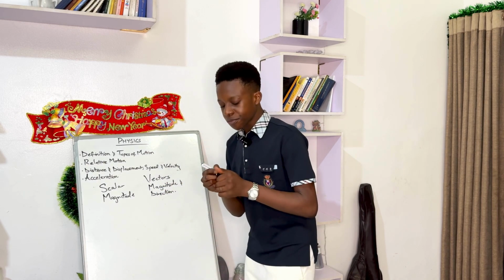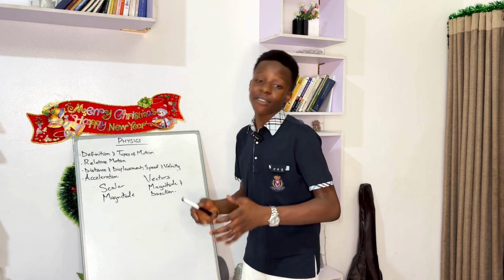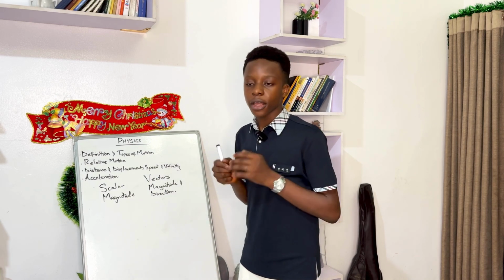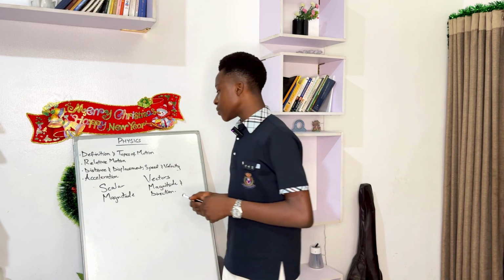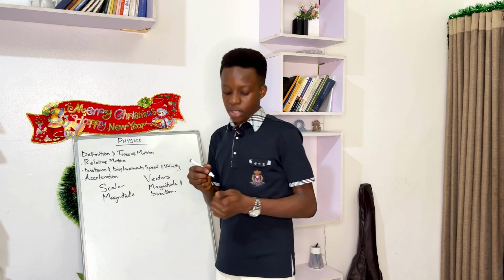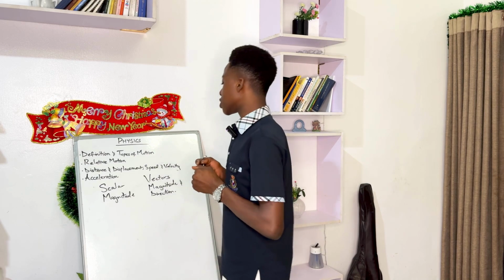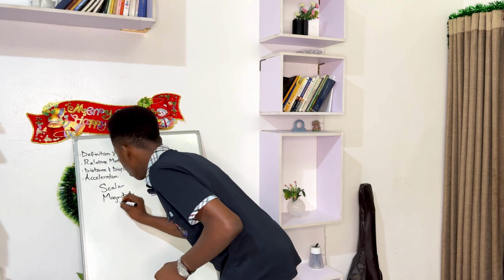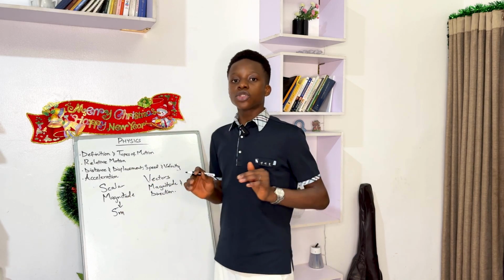What do I mean? Let's say we have a concrete block, and you push this block, and I asked you, how far did you push it? You would just say, 5 meters. 5 meters where? That's where vectors come in. When I asked you how far did you push the block, you said 5 meters. That is a scalar quantity because you only gave me the magnitude, 5 meters. But to where did you push it?